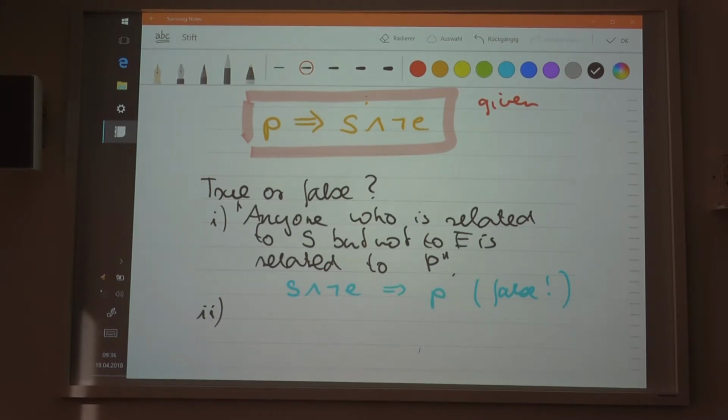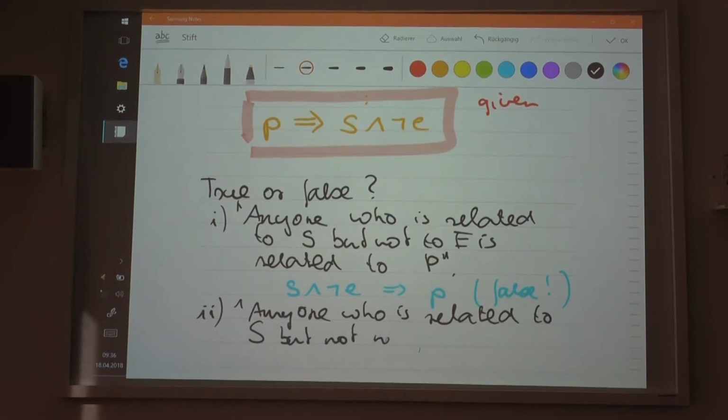So in this case, anyone who is related to Simon, to S, but not to E, is not related to P. Okay?